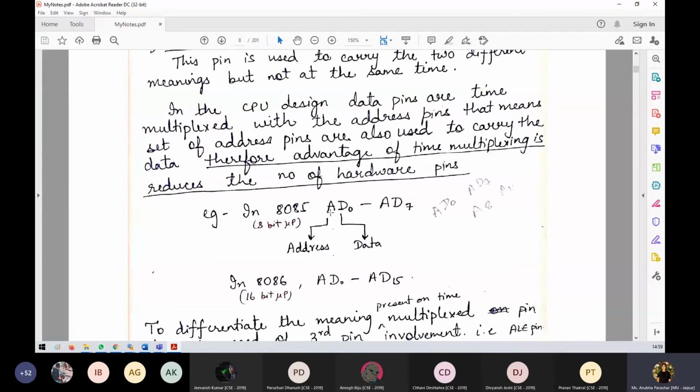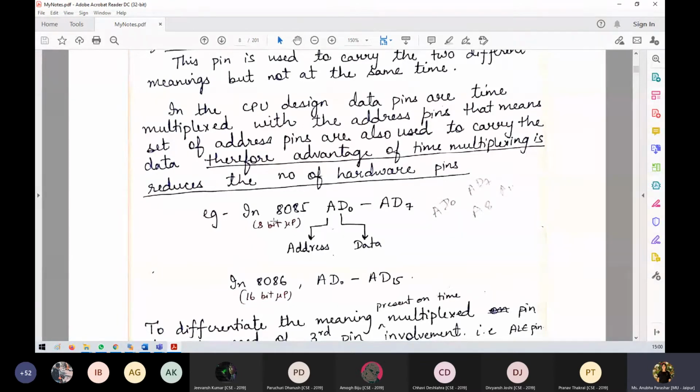This same pin acts as an address pin at one time and a data pin at another time. 8085 is an 8-bit microprocessor, so you will only find pins from 0 to 7, which are generally address lines. If it is 8-bit, you require 8; if it is 16-bit, you require 16. That is how we can locate the address with that many bits, and then we can easily find the address space that we have seen in the formula.